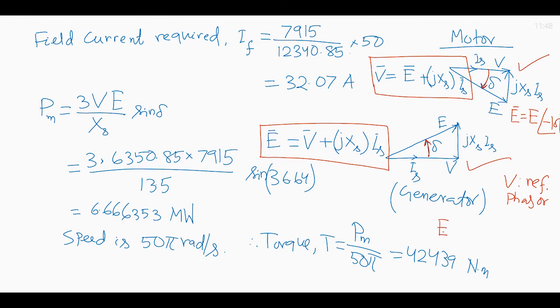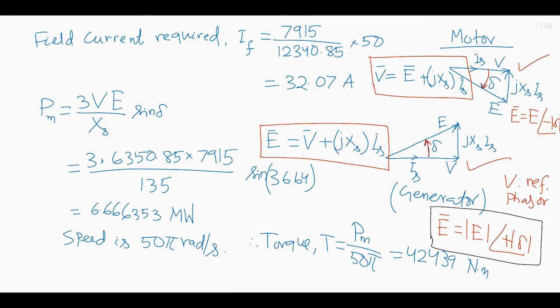induced EMF is the first cause and the applied voltage is the second. So, induced EMF is the magnitude of the induced EMF and its angle is plus magnitude of the delta. This is how we define the induced EMF phasor for the generator as given here.